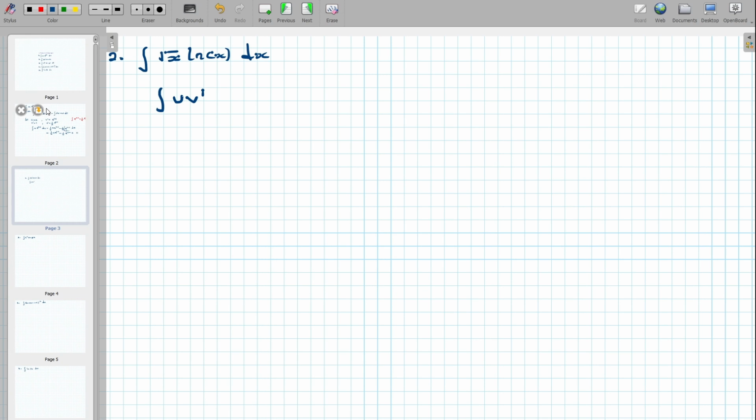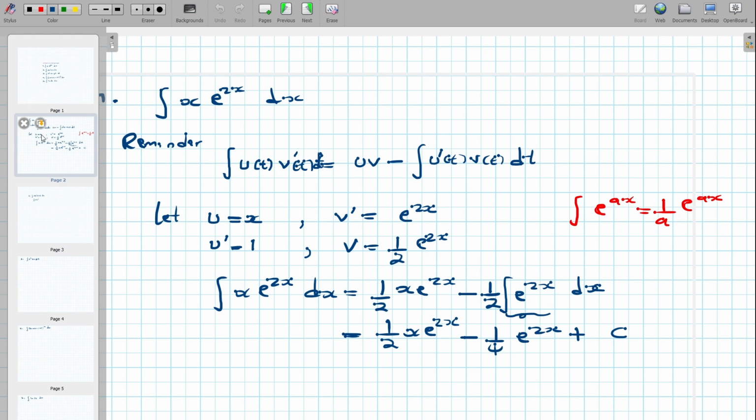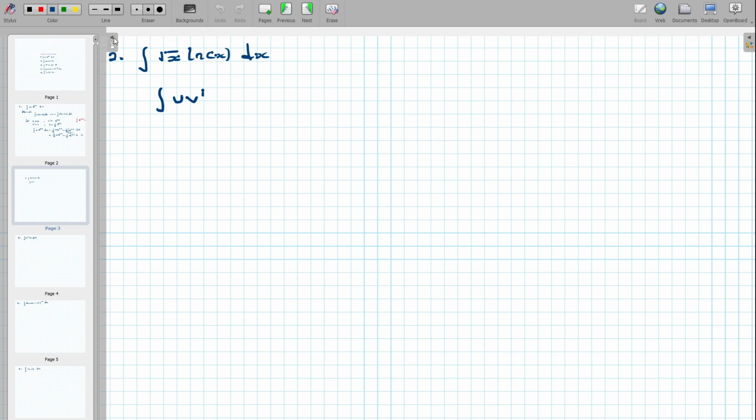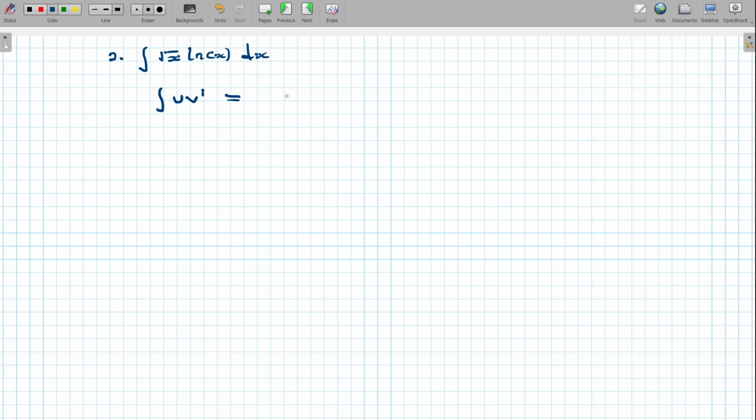Let me first of all check what I wrote here to make sure that everything is okay and consistent. So we have the integral of u v prime is equal to u multiplied by v, minus the integral of u prime and then v. And of course you can put your dt here, but I'm just going to shorten everything, right?